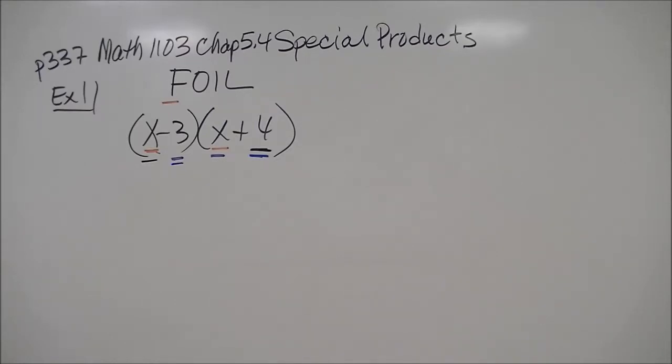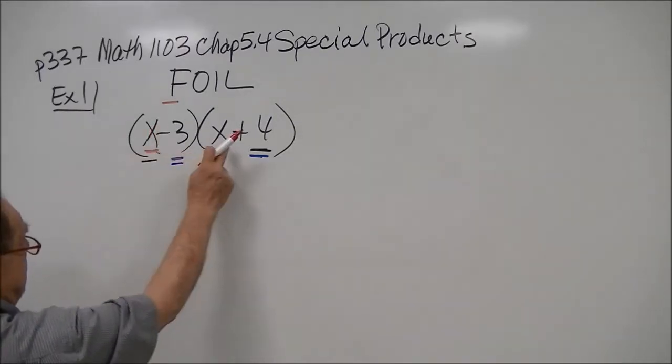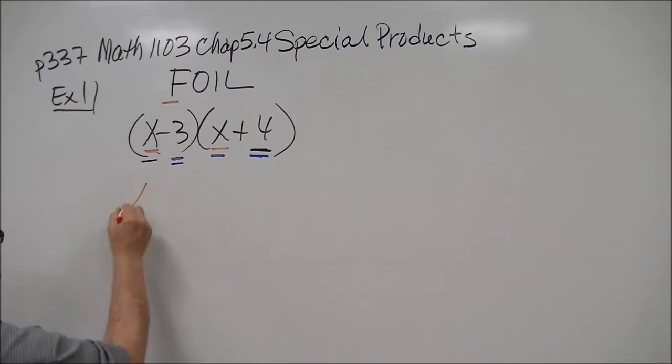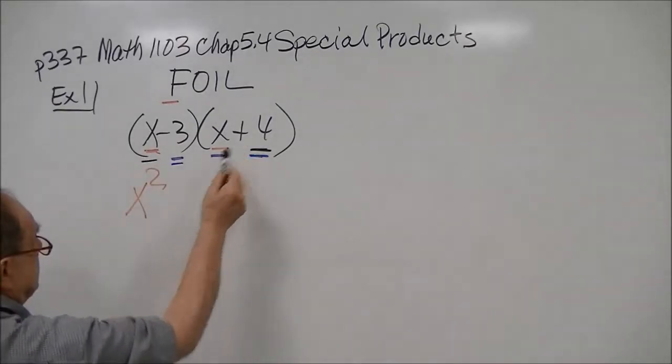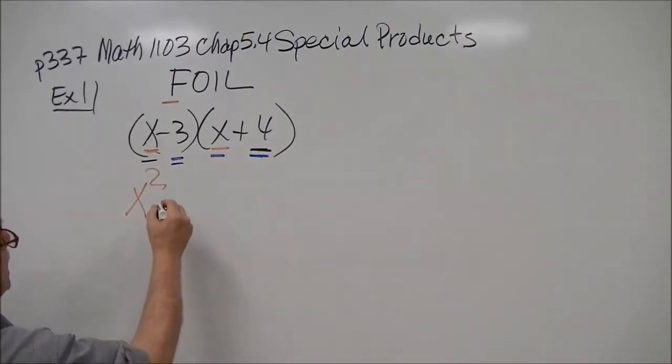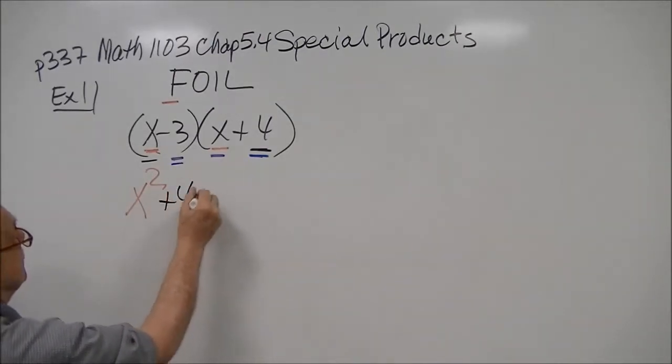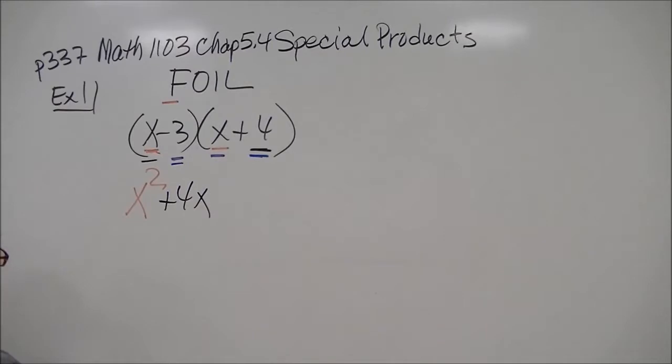So let's do the first. That would be x times x, which gives you x squared. Now, when we do the outers, we get x times 4, and that's a plus 4x.